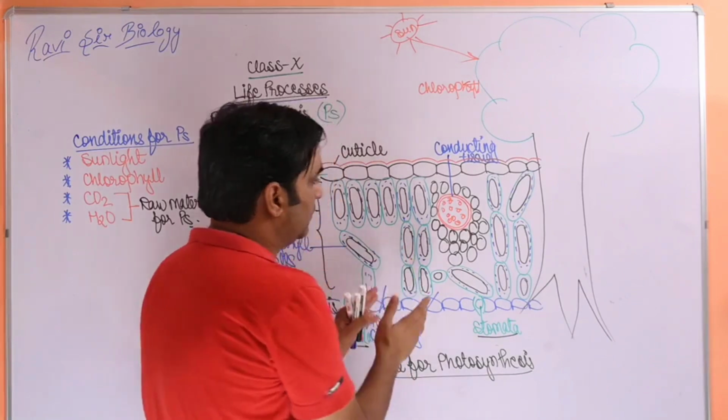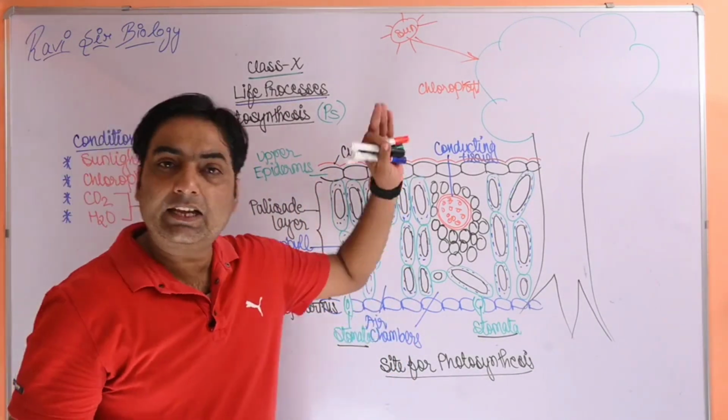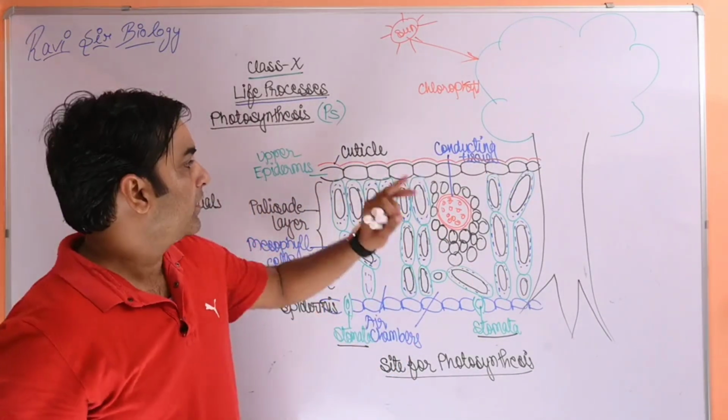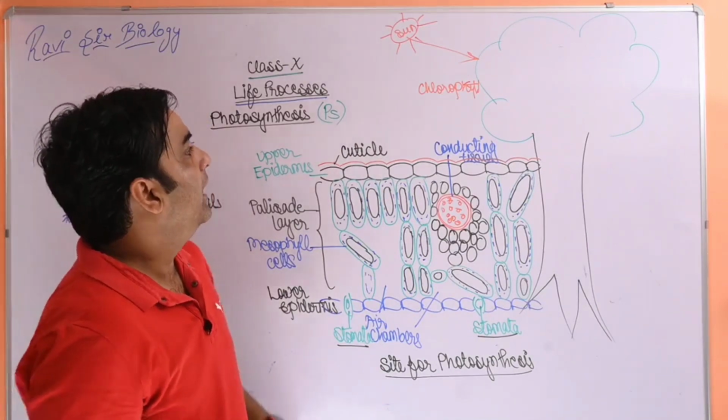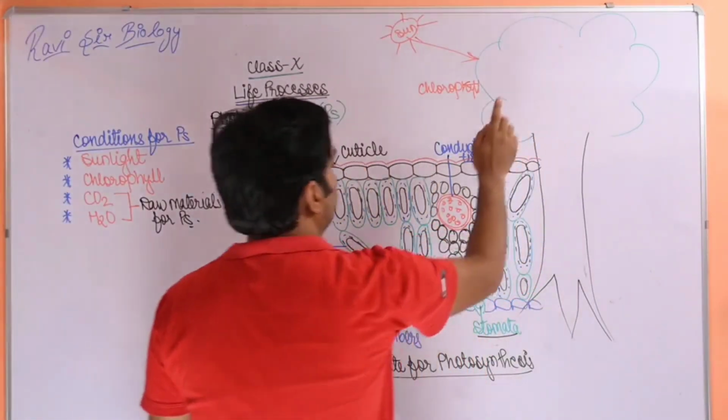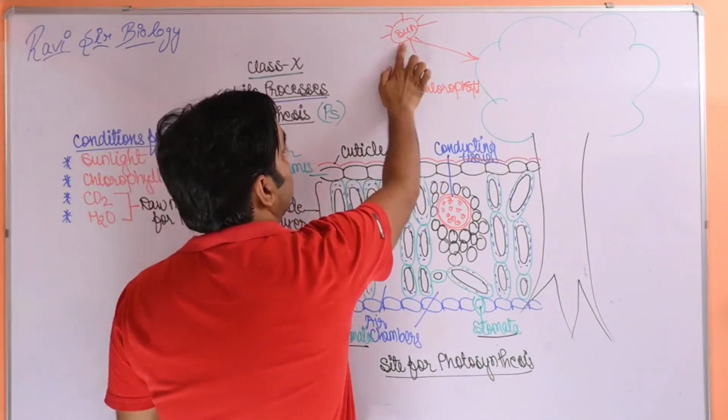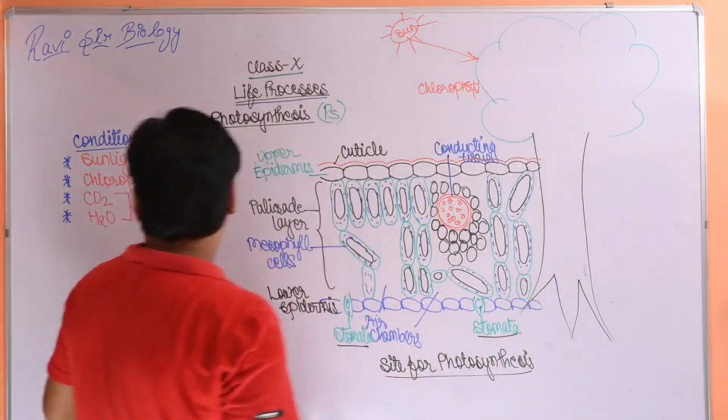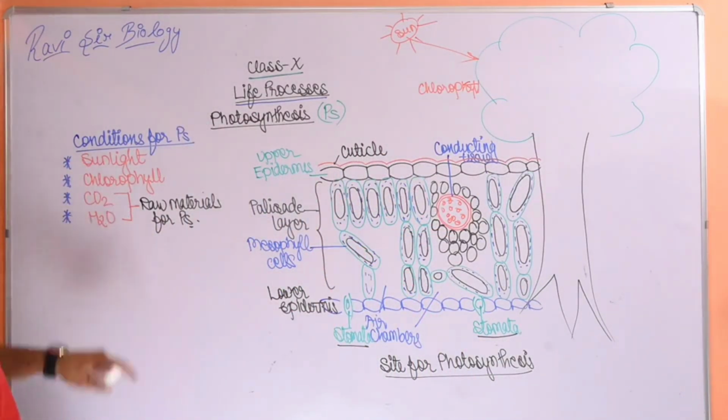This structure is found in each and every green plant, and this is a green plant, so it has chlorophyll like this. Sunlight is striking over it. What is the other thing required? CO2.